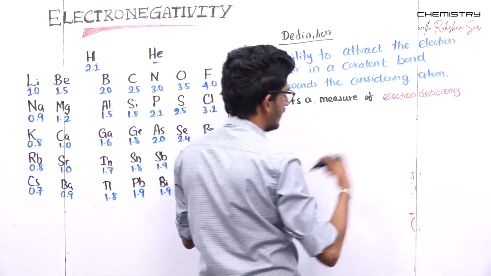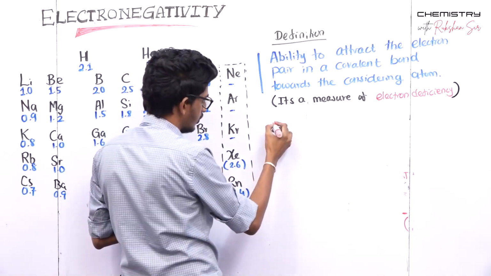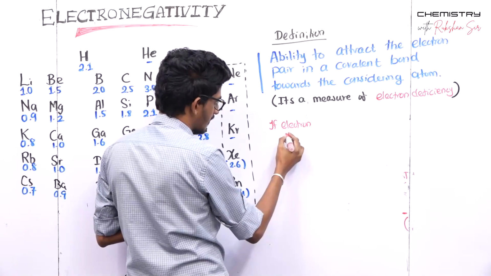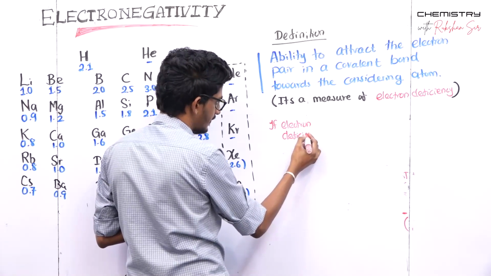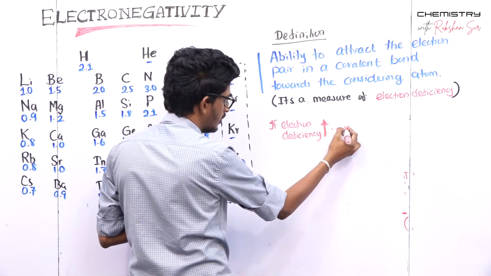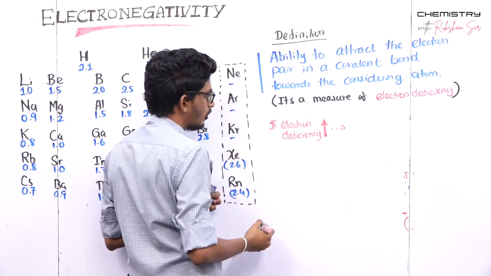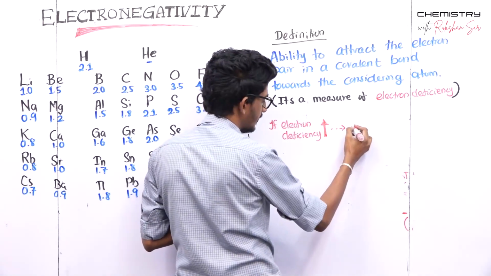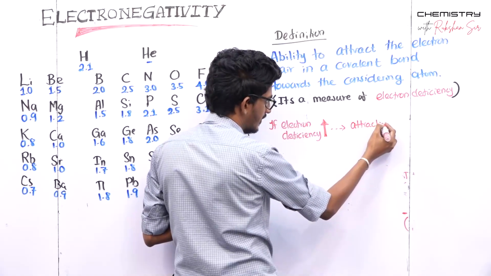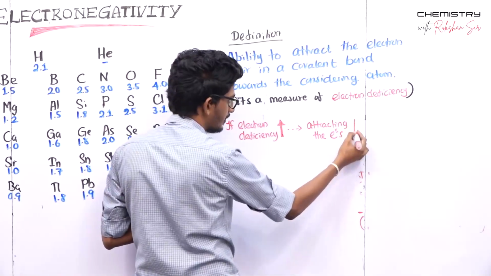The idea is clear now. If you are more electron deficient, so if electron deficiency is high, then you tend to attract the electron pair in a covalent bond more towards yourself. Attracting the electrons becomes greater.